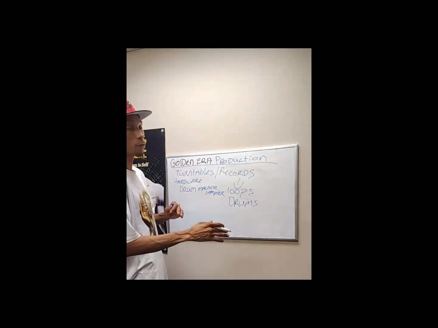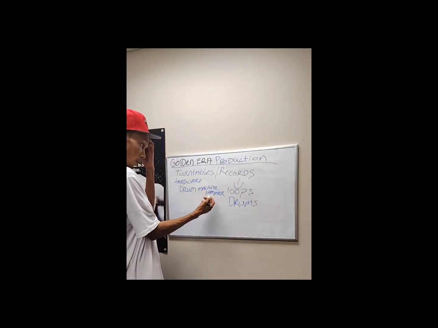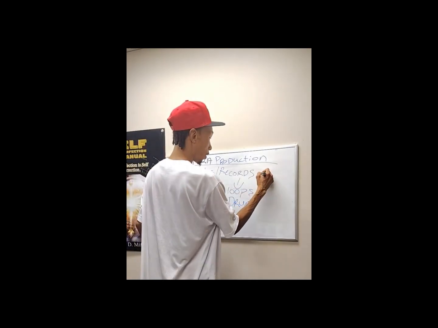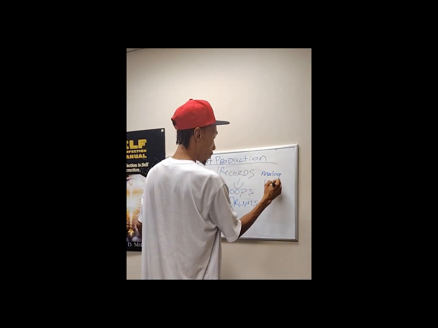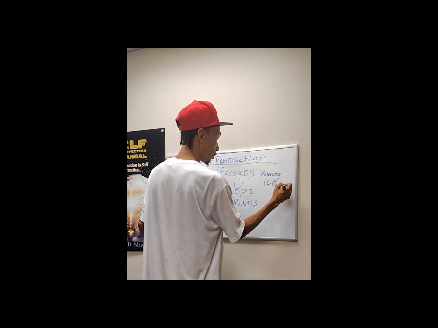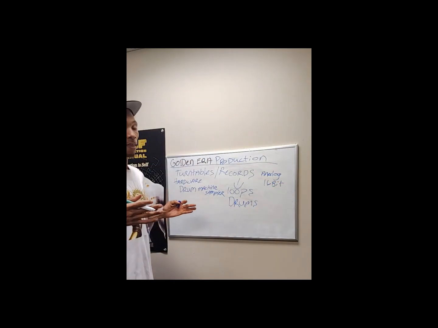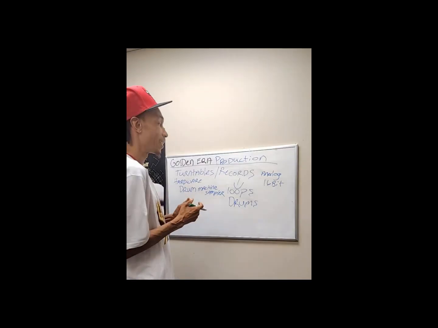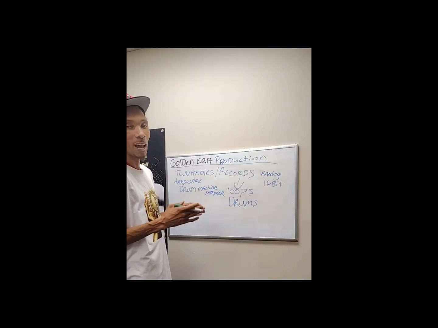Why it's so different from the sound of today is, first of all, it's analog sound. I believe it's 16-bit, like Sega Genesis. So that's going to give you that thick, gritty, full sound that you cannot get from digital.